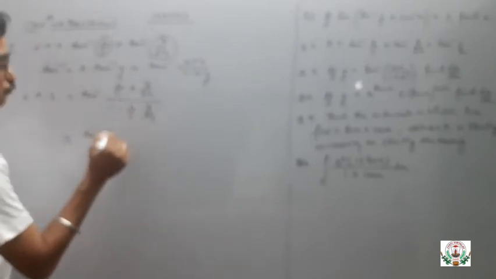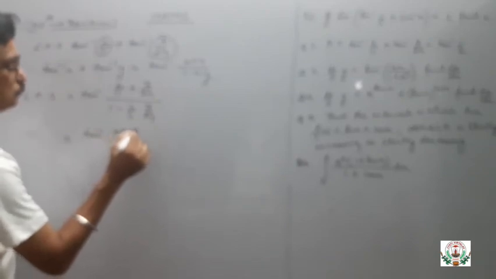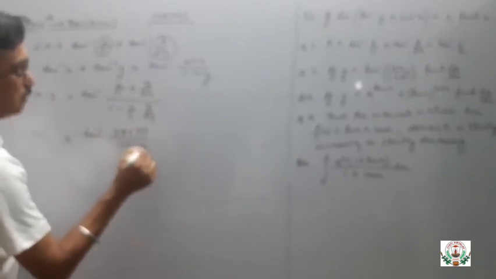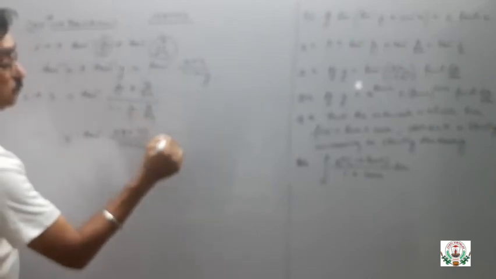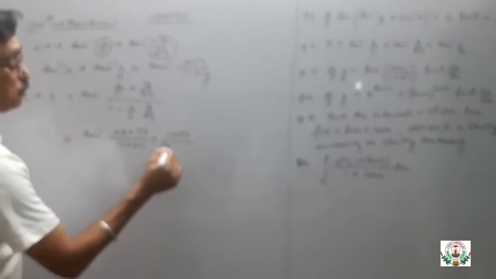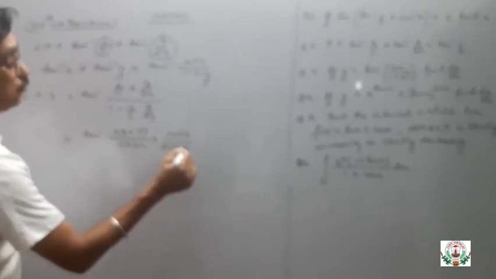That is tan inverse of 24 into 2 is 48, 11 into 7 is 77, over 11 into 24, and after LCM we take the reciprocal: 11 into 24 upon 24 into 11 minus 14.